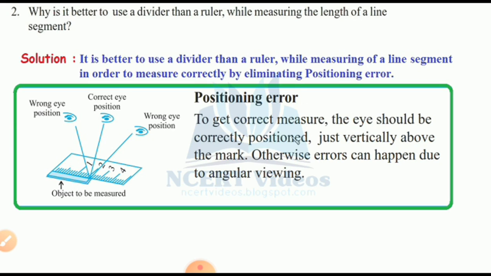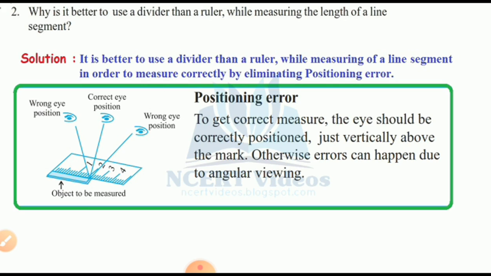So the eye should be positioned just vertically above the mark, otherwise errors can happen due to angular viewing. Isn't it, students? Yes, so it is easy to use the divider. Both the points are there on the divider, then we can keep it on the scale and get the correct measurement, and it eliminates positioning error.